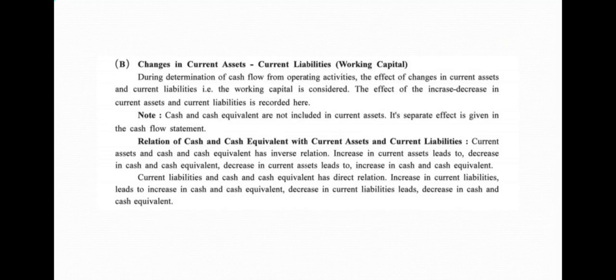That means increase in current liability, there will be increase in cash and cash equivalent, and decrease in current liability, there will be decrease in cash and equivalent. So these things are considered while finding cash flow from operating activities.